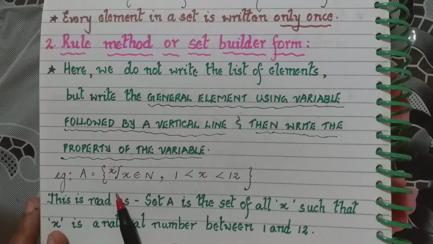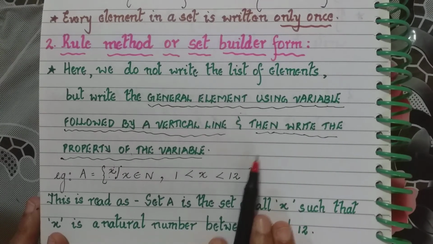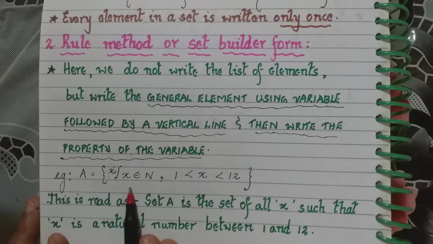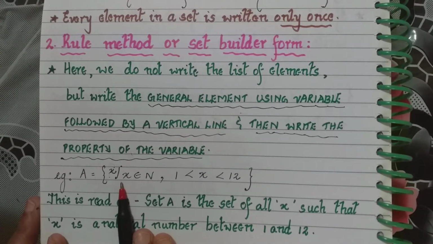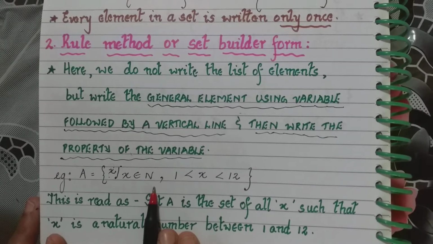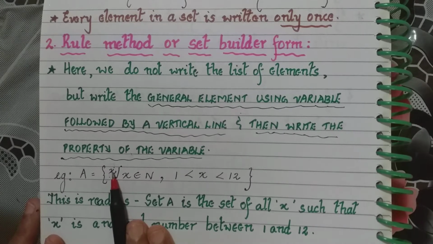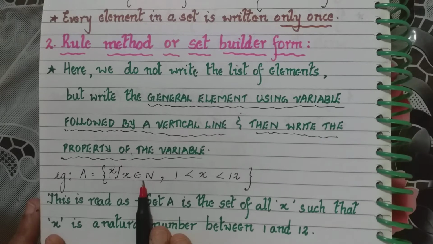So you see the vertical line there, and then write the property of the variable. What is the property of this variable? This variable is x. What is its property? It belongs to, you can see the symbol which is called belongs to. So x belongs to N. And what is N? It is the set of natural numbers. So A is the set of all x such that x belongs to the set of natural numbers.